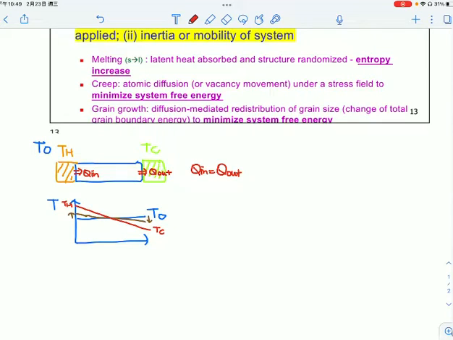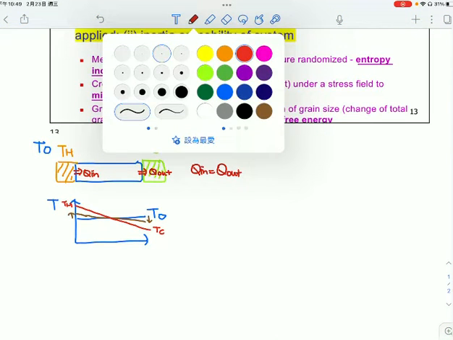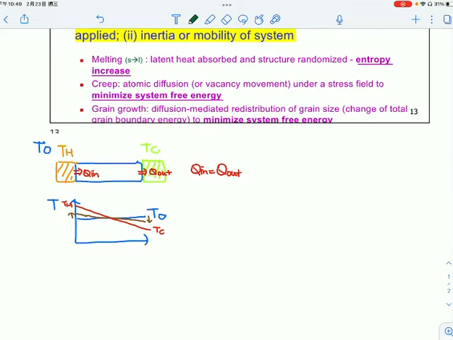So if we focus on this location, probably here, this temperature, does this temperature change over time?